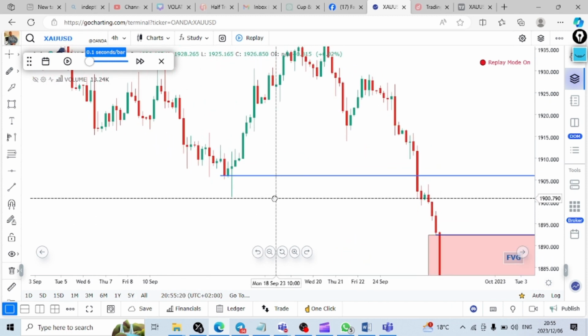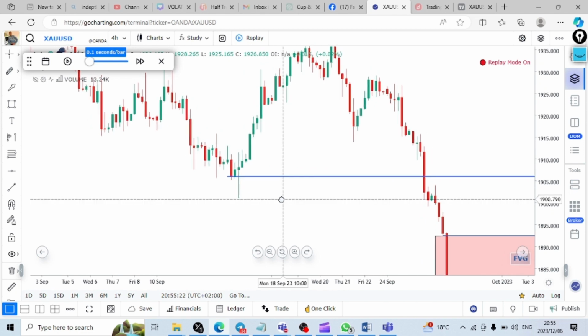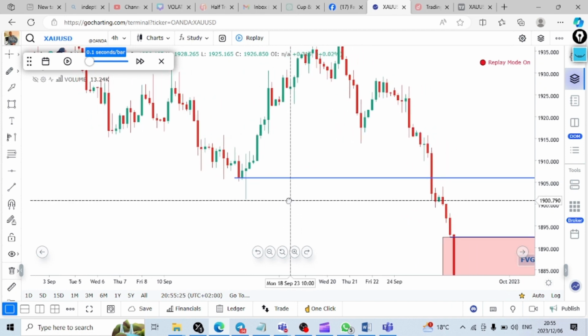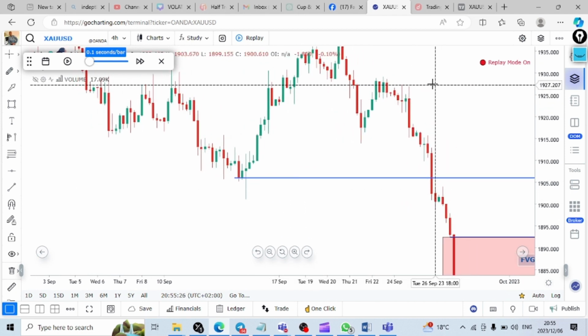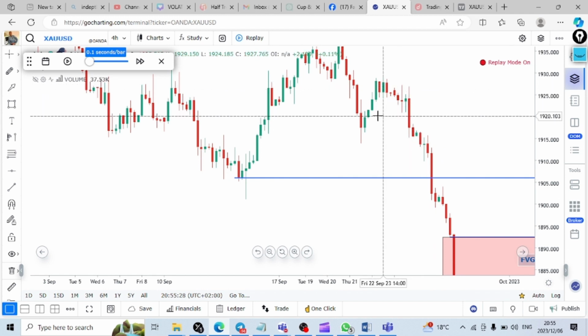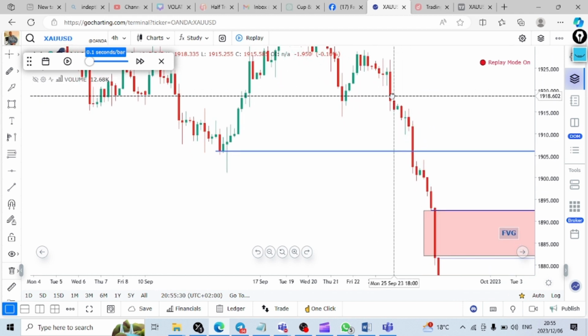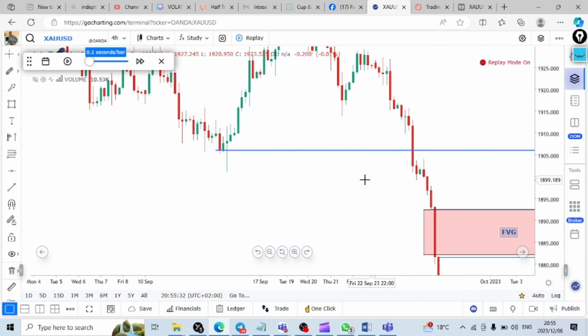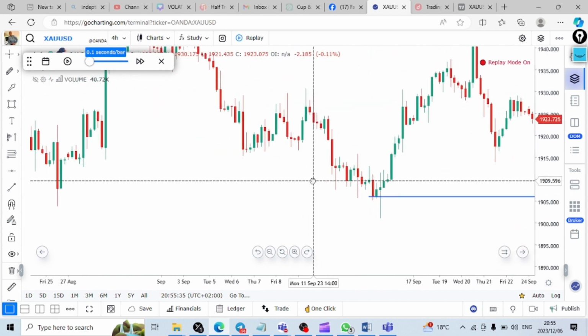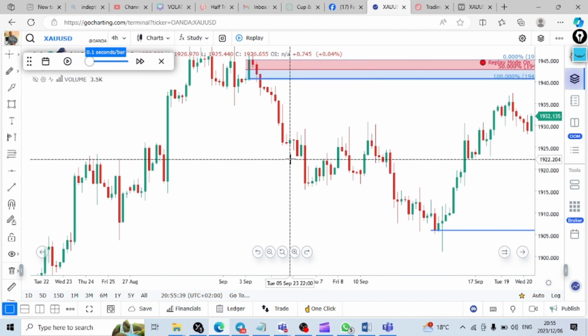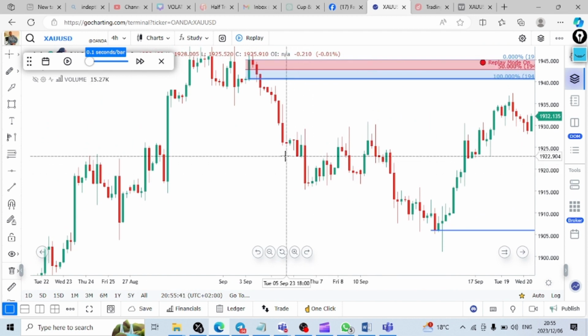Let's look for an example where we had a balanced price action. Okay, 1, 2, 3. Yes. Let's use this one.